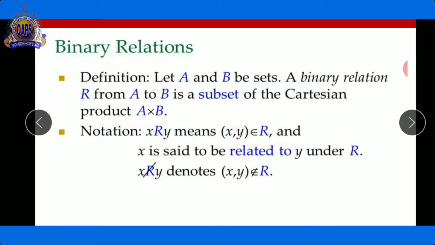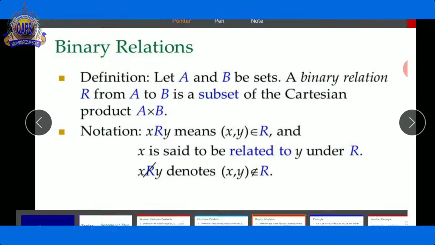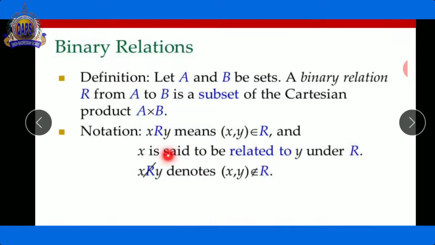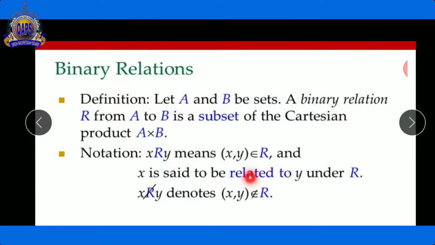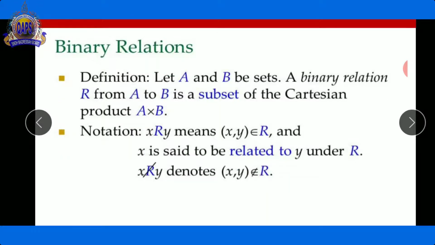These both belong to the relation, and X is said to be related to Y under R, under the relation. X does not, this line represents does not relate with Y, so that's why we denote (X, Y) does not belong to R. If this relation is not in between both sides, then these two numbers are not included in this relation.